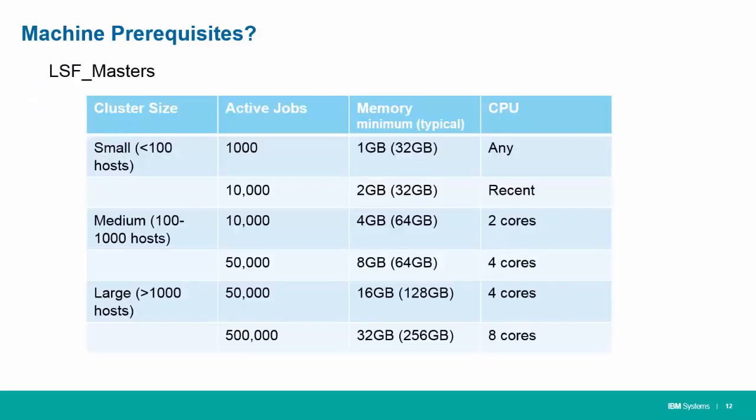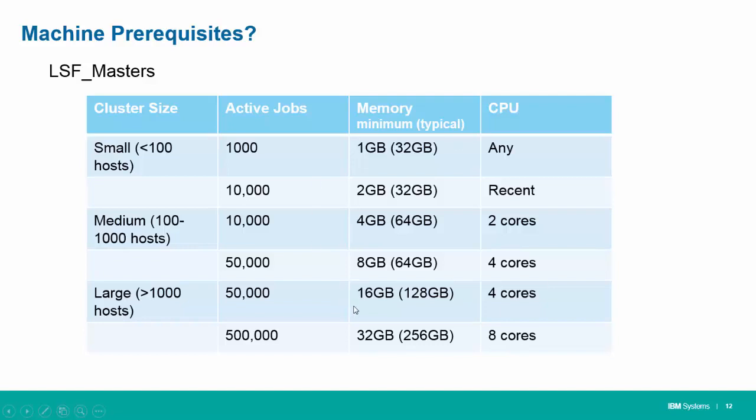Okay, in terms of CPU and memory, it really depends on how many machines you have in the cluster and how many active jobs you have. So, for example, a small cluster with maybe only 1,000 active jobs, you only need maybe a gigabyte of RAM, and pretty much any CPU will do the job. Whereas if you have a very large cluster with, say, over 1,000 hosts and 500,000 active jobs, you're going to look at having a minimum of 32 gigabytes and 8 cores.